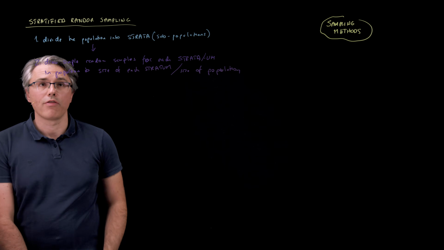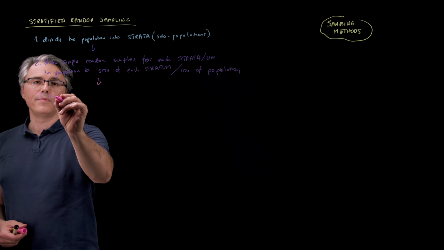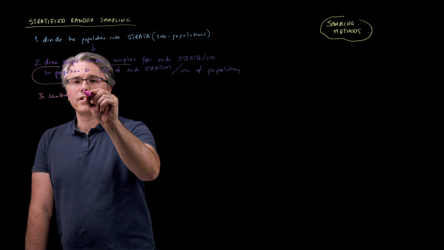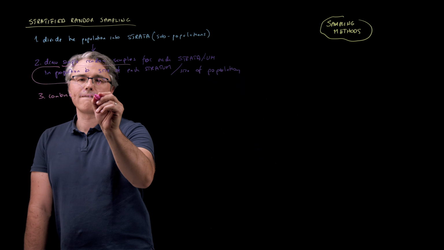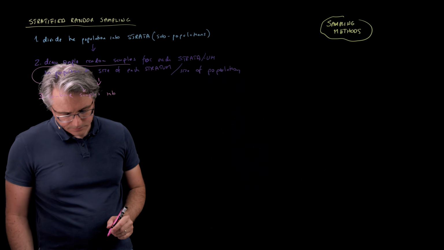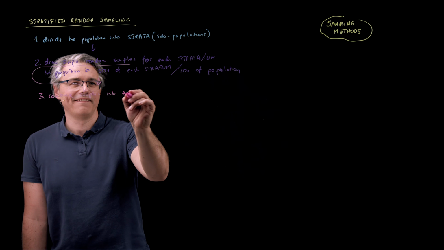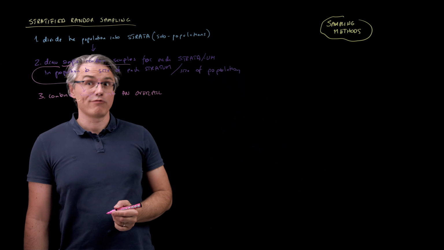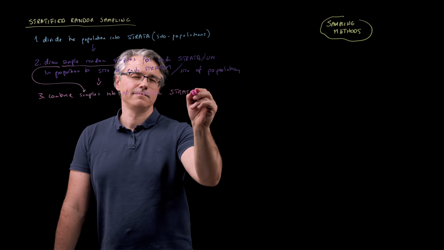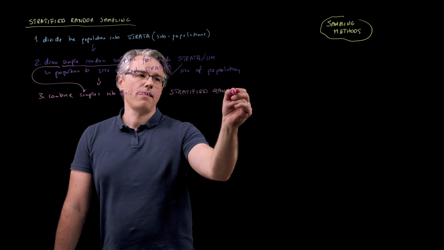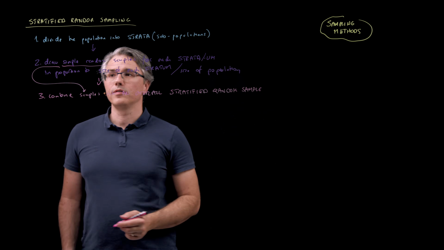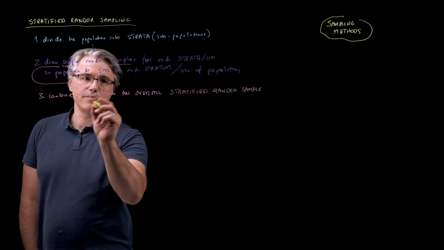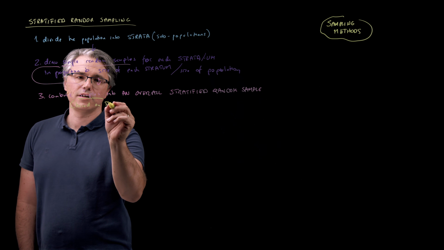And then, as step number 3, to finish things off, we will combine those simple random samples from the individual strata into a bigger, overall stratified random sample, which is going to include elements of all the samples based on the strata.